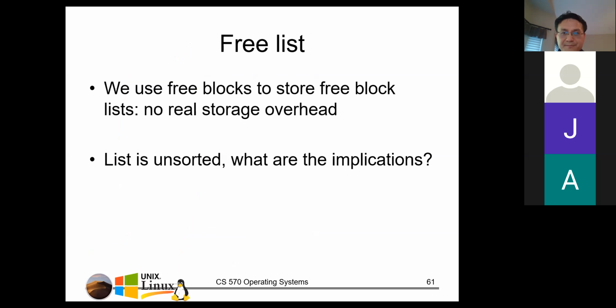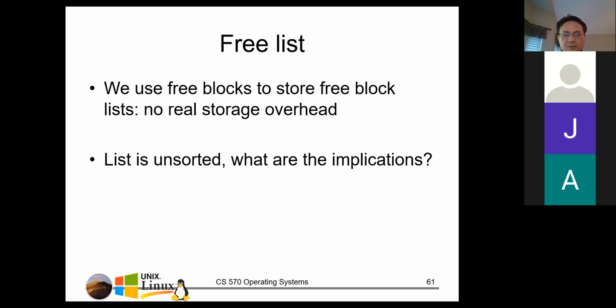If we use the linked list for storing information about free blocks, we don't really incur any real storage overhead with this scheme. And if free blocks tend to come in long runs of consecutive blocks, the free list system can be very efficient.